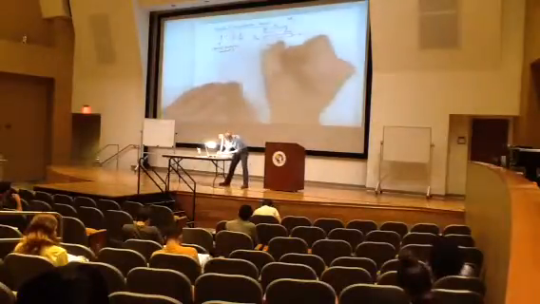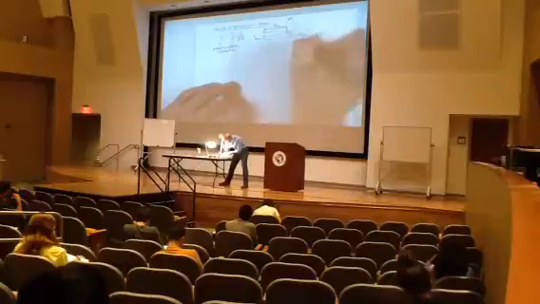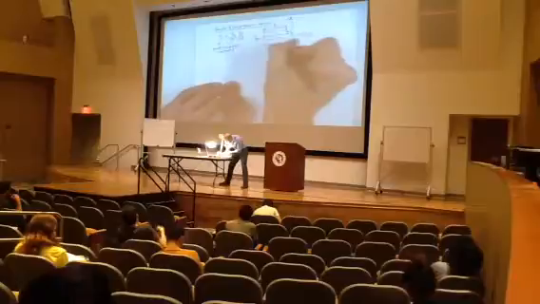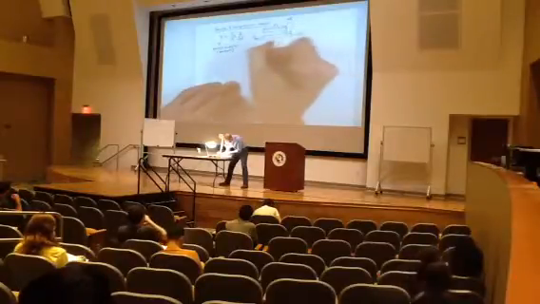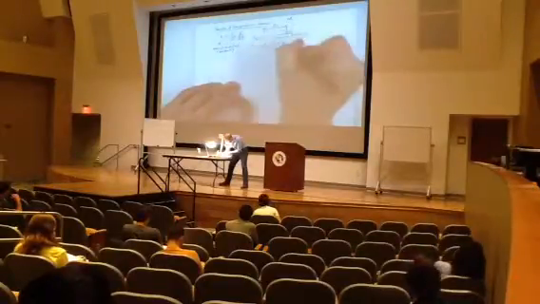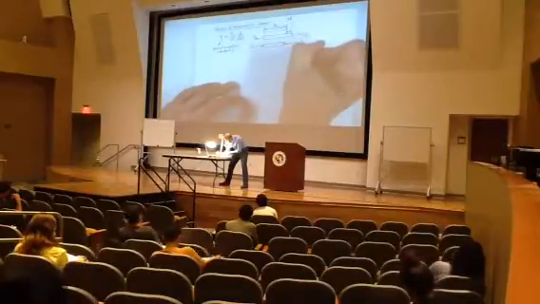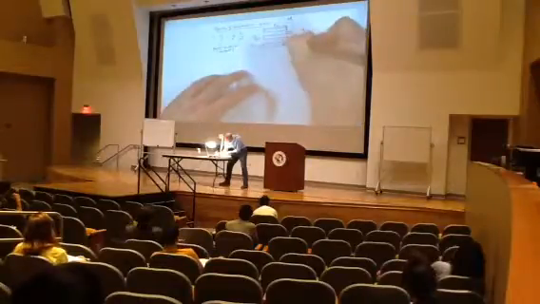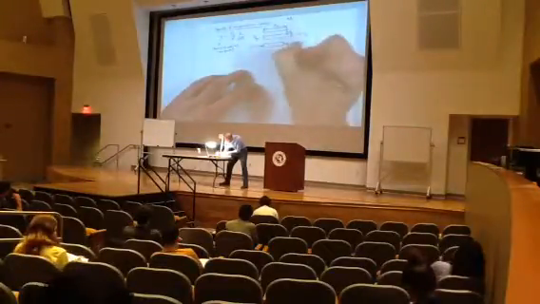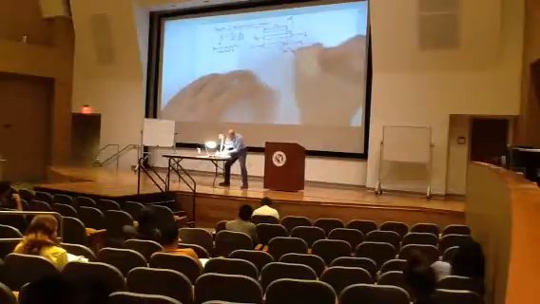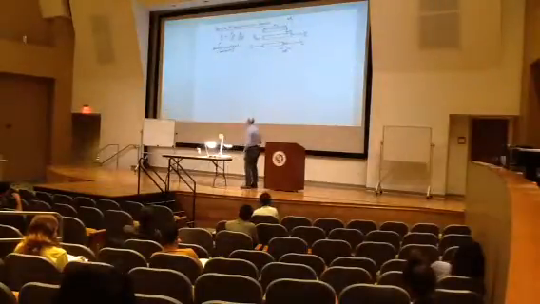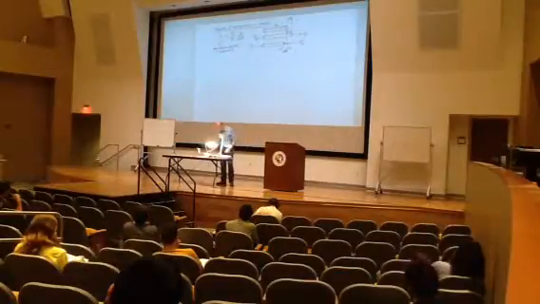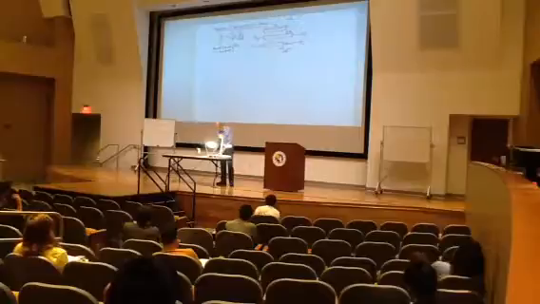Or alternatively, we could exert some force on it in the opposite direction. So some compressive force on it in the perpendicular direction, and then it may change again by some delta L. All right, so those are the two different situations basically for tensile and compressive stress.